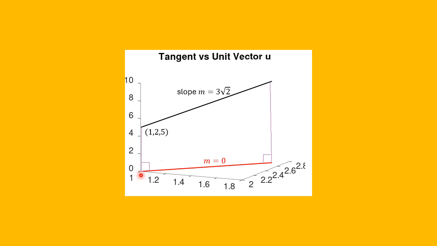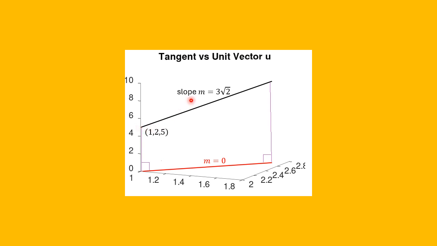The x-coordinate, this is the x-axis, remember, the x-coordinate of this point is 1. The y-coordinate is what? Well, here's 2 on the y-axis, so right over here we have the point 1, 2, 0, and if we go up a distance 5 here, we have the point with coordinates 1, 2, 5.